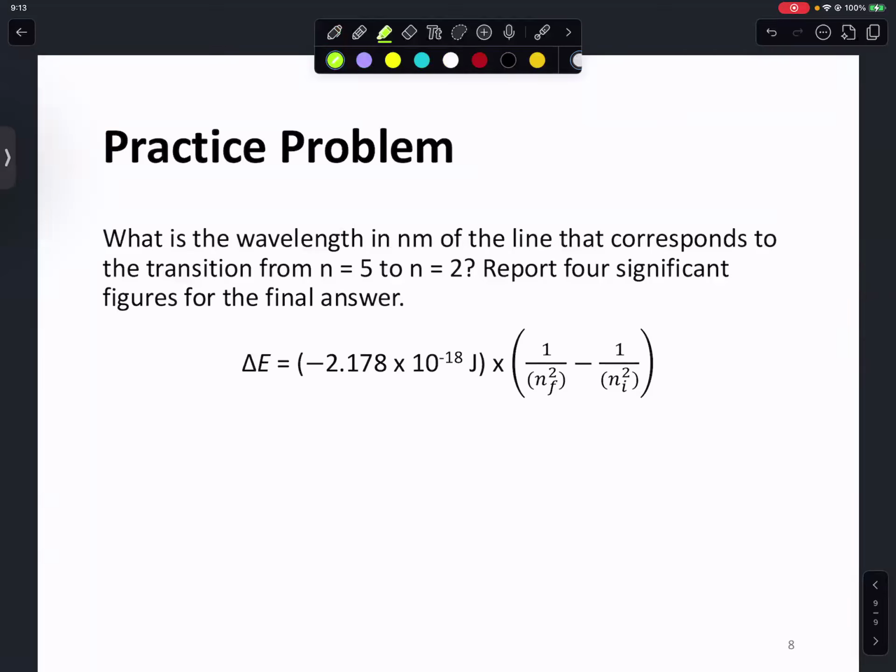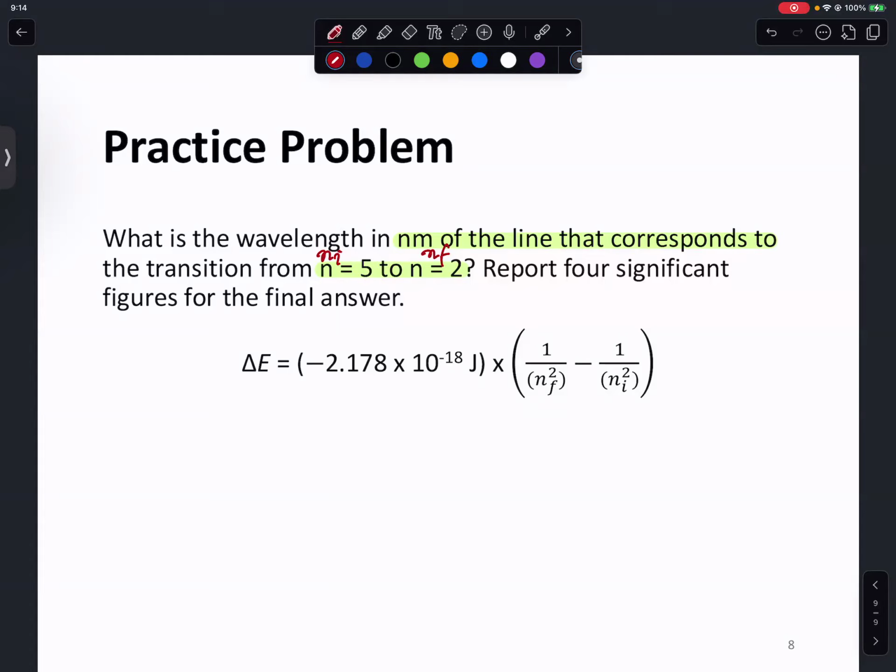And the question reads, what wavelength in nanometers of the line corresponds to the transition of n equals 5 to n equals 2. And so n equals 5 is going to be the initial, and n equals 2 is going to be the final. All right. And this wants us to calculate it in nanometers. Now, what we're calculating here really is the energy of the photon, okay?